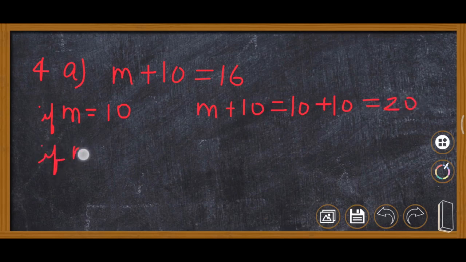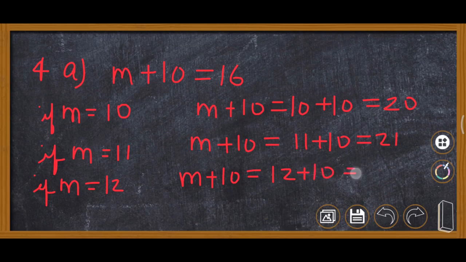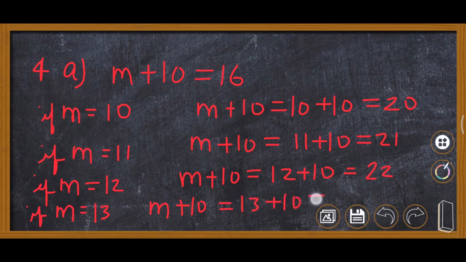If m equals 11, then it is 11 plus 10, which is 21. If m equals 12, then it is 12 plus 10, which is 22. And the last one, if m equals 13, then it is 13 plus 10, which is 23.